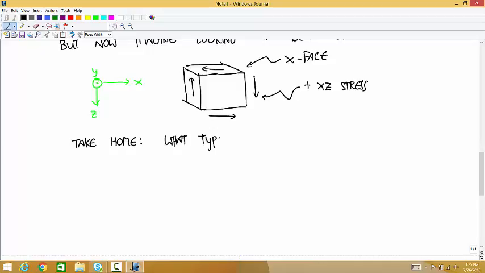What type of shear stress you get from torsion depends on where you are on the beam, on where you are on the cross section of the beam.